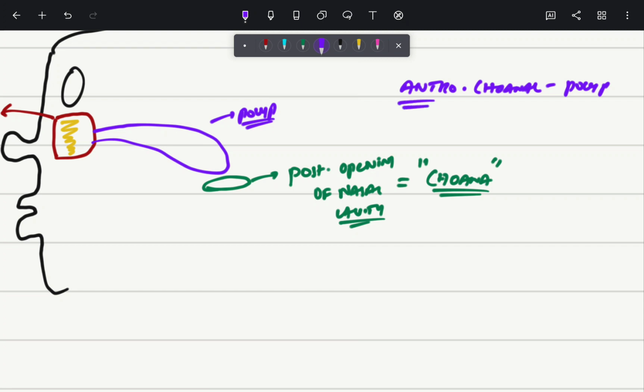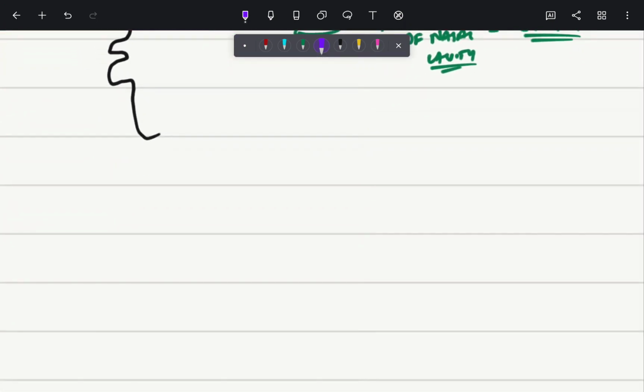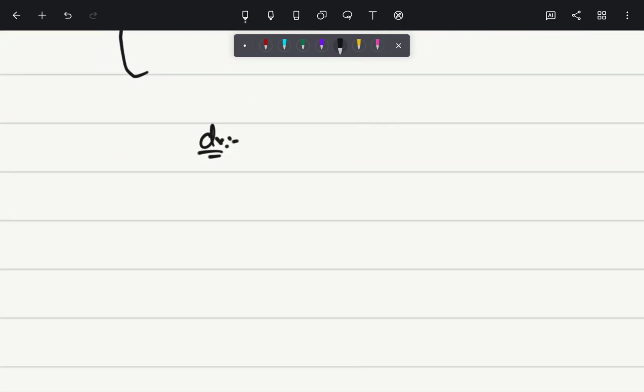It makes sense. Okay, now how is the diagnosis made in this patient? It is through posterior rhinoscopy. Now what is this posterior rhinoscopy?